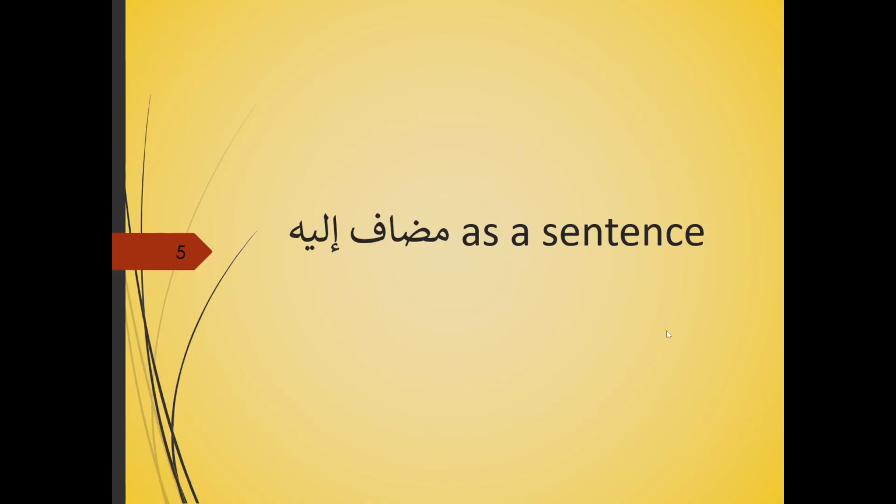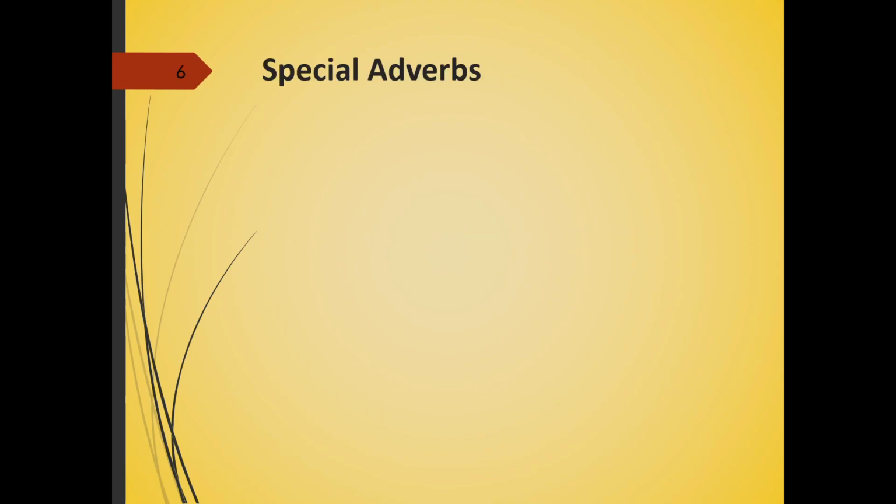Mudaf ilayh, we said that it can be a sentence, alhamdulillah. So we talked about something called special adverbs, and I also explained that the mudaf ilayh can be between any two nouns as long as they make sense, because we can't just keep on adding any two nouns to make a mudaf ilayh.